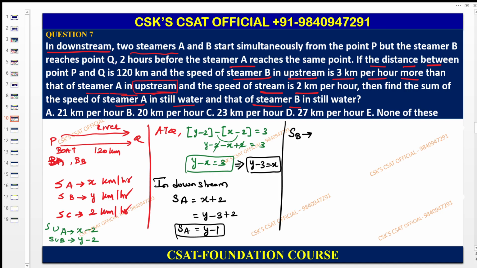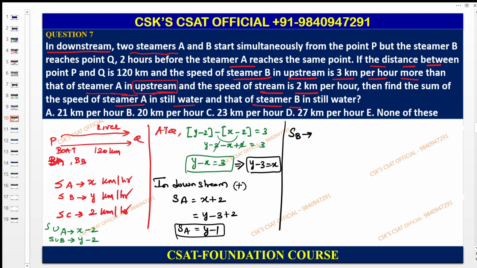Y minus 3 is equal to x. So please understand, y minus 3 is equal to x. Substitute the value of x here. So therefore it becomes y minus 3 plus 2, which is equal to y minus 1. The speed of A in the downstream.